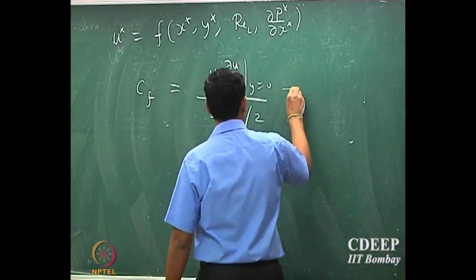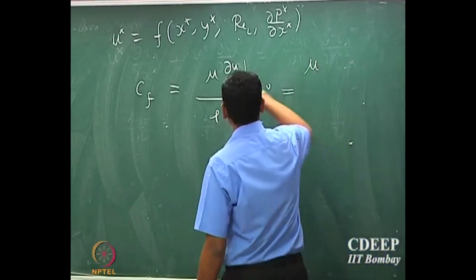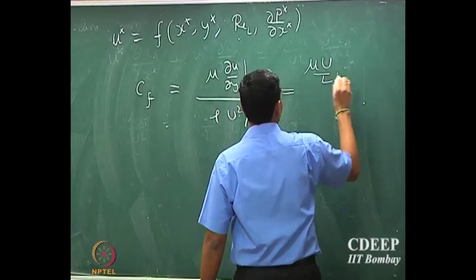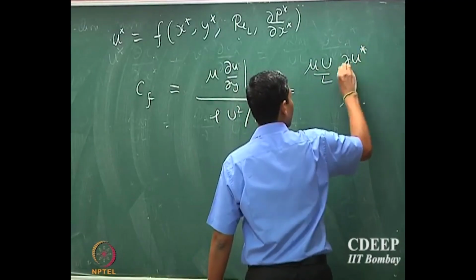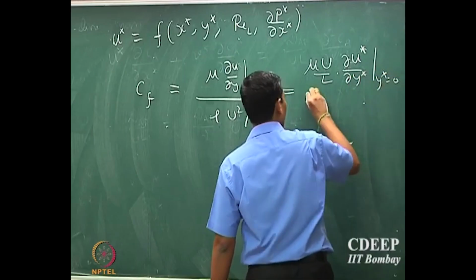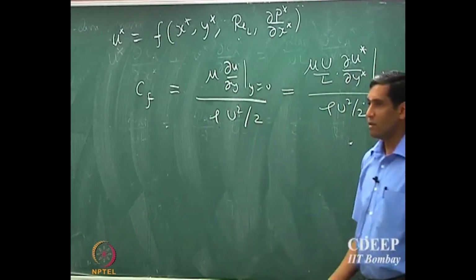So now if I convert this into dimensionless quantities, so that's mu, the scaling for u is capital U divided by L into dou u star by dou y star evaluated at y star equal to 0 divided by rho U square by 2, right?